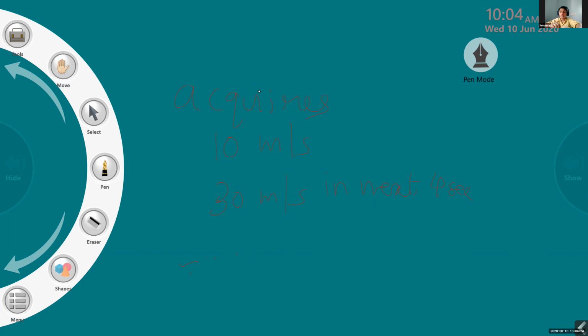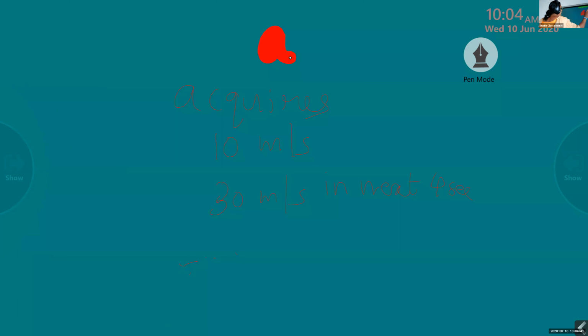No, what is initial velocity? Initial means the starting time. Final means afterward. So in this 10 or 30, which is initial velocity? 10. Okay. So our equation is A is equal to V minus U by T.